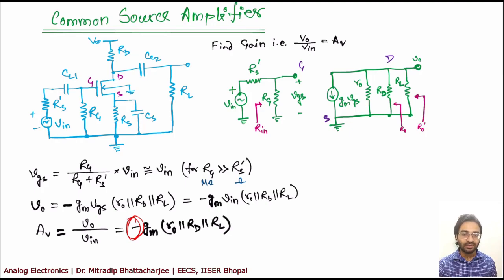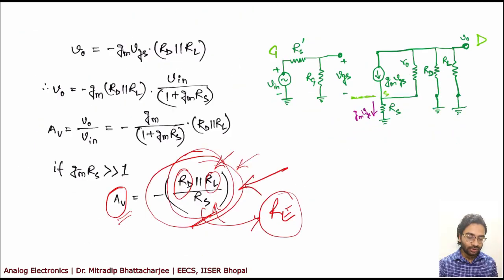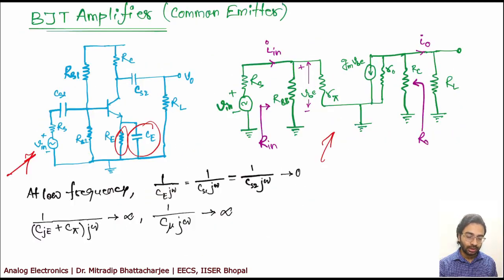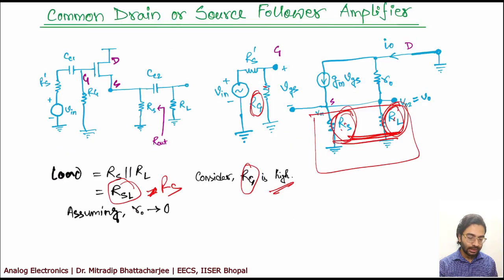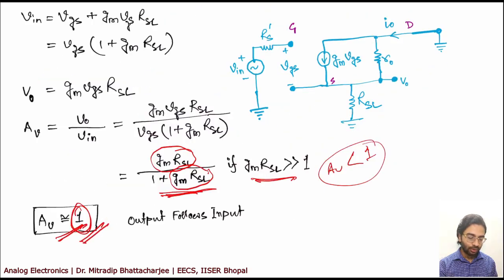So there will be a phase difference of 180 degrees in case of this common source amplifier between the input and output, right? However, in case of the source follower, the gain is a positive number, that is 1. So whatever you see in input, you'll find the same thing in output, right?